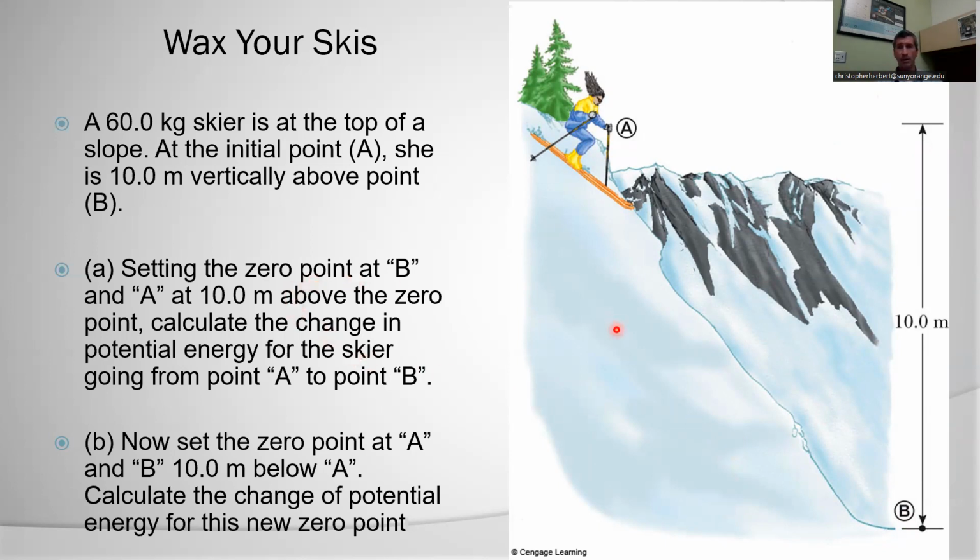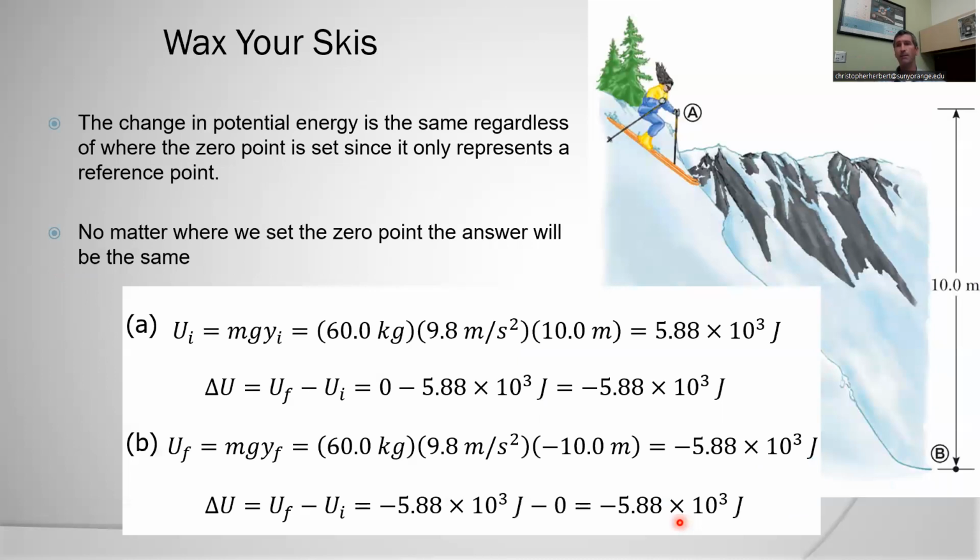If I set the 0 point to B, then I will have positive potential energy up here and 0 potential energy here. If I set my reference point as A, I will have 0 up here and it'll just become more negative. That's a change in potential energy, which is important here because that's what I'm going to use later on to calculate my kinetic energy.